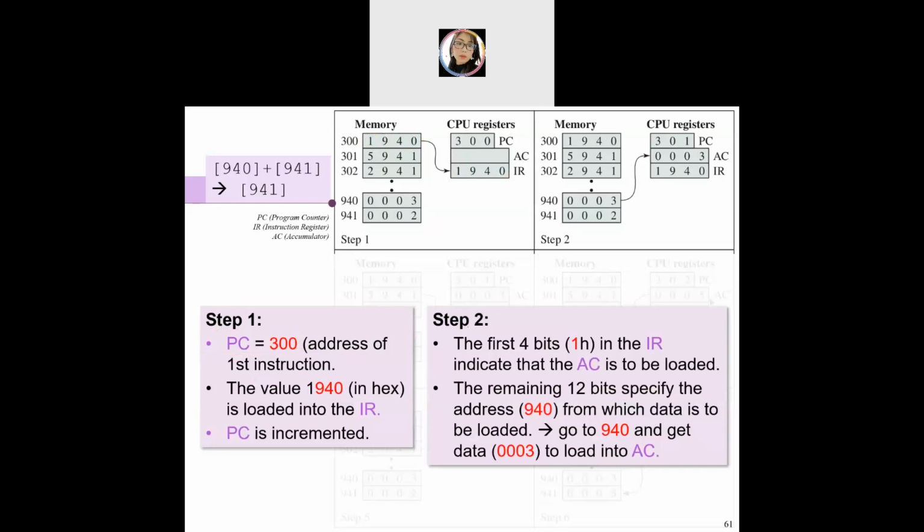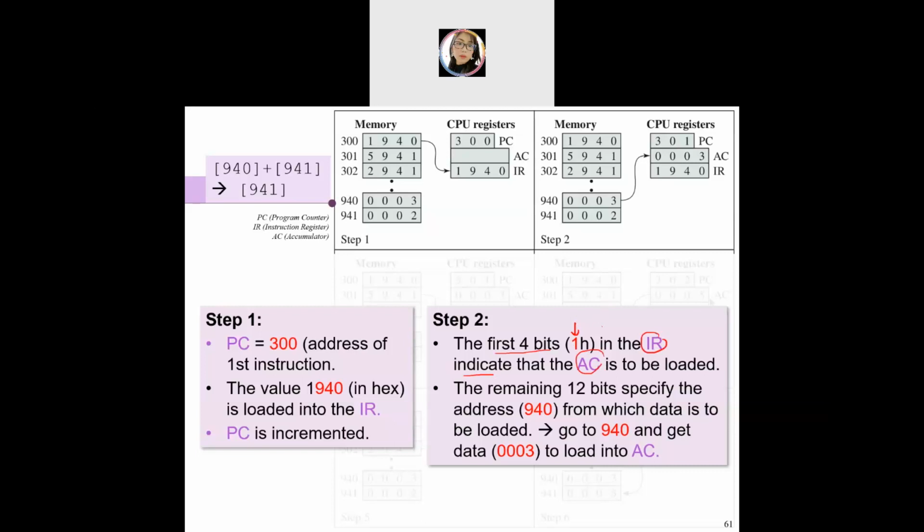For the second step, the first 4 bits in the IR, you can see it is 1. If it is 1, it indicates that you're going to load the AC with the fetched data.